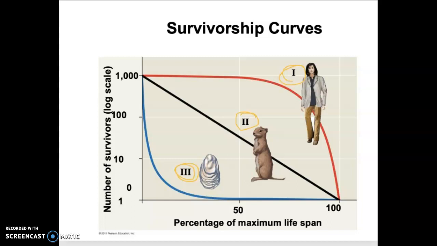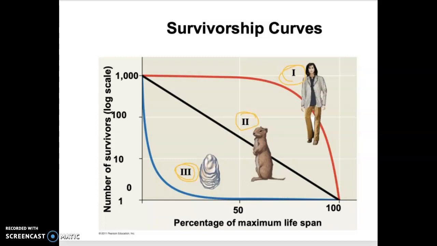We could break it out based on ethnic group, based on geographical region in the U.S. Certain parts of the U.S. have a higher infant mortality than other parts. Certain ethnic or racial groups in the U.S. have a higher infant mortality than other groups within the U.S. So again, there's always variation.